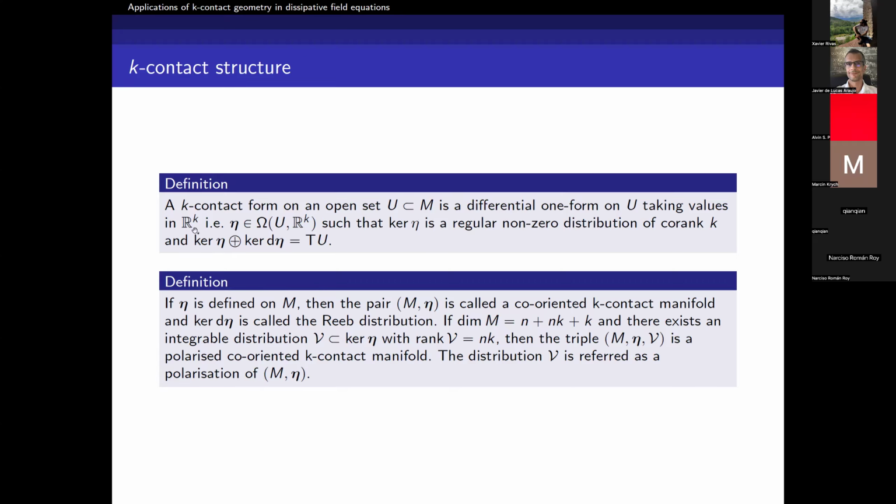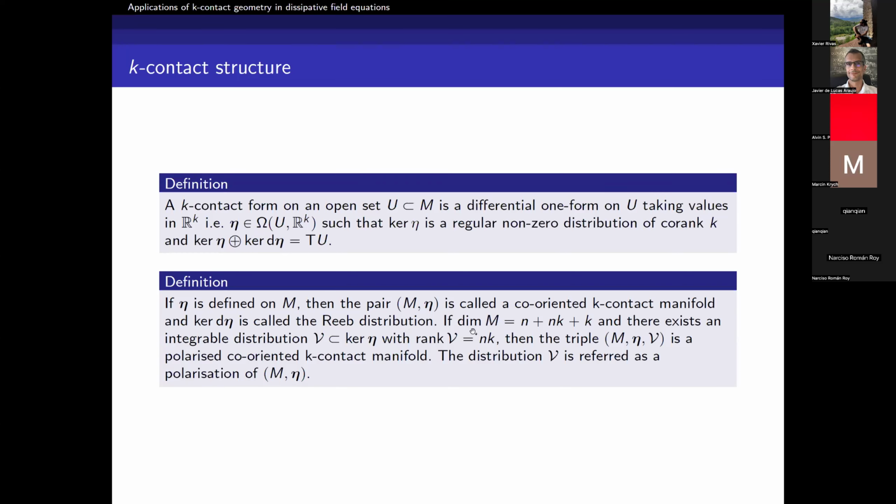Okay, so if we know what is a contact form, we can now define a co-oriented contact manifold. So basically, if we have a k-contact form defined on a manifold M, then the pair, the manifold and the k-contact form, is called a co-oriented k-contact manifold. And the kernel of the differential of eta is called the Reeb distribution.